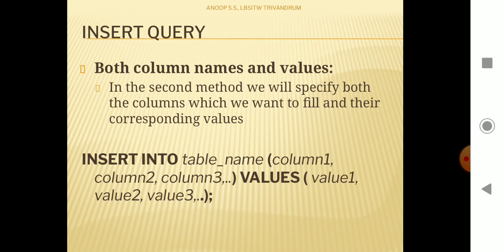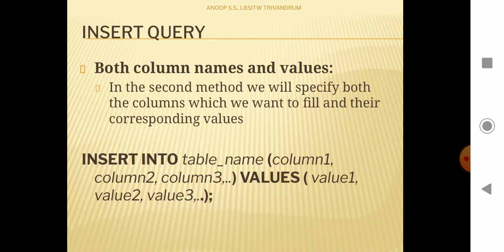The syntax is INSERT INTO table name, column 1, column 2, column 3, etc. VALUES value 1, value 2, value 3, etc. Here column 1 need not be the first attribute of the table. We can rearrange the column names and values when using this method.